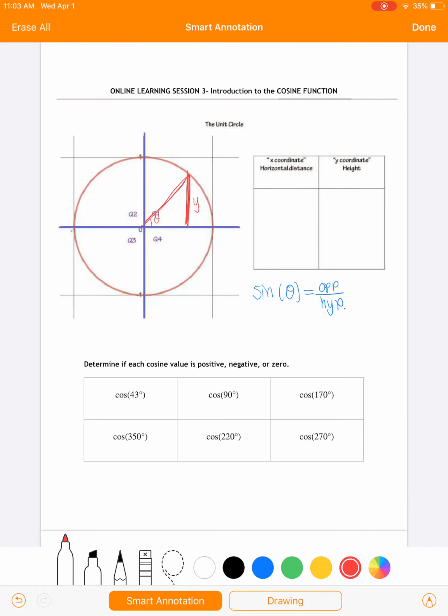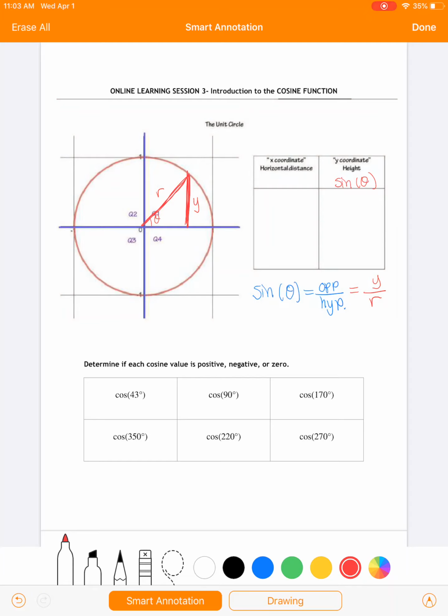And in this case, the hypotenuse would be r, or the radius of the circle. So we could also think of sine theta as y over r. So when we were interested in finding the y coordinate, we used the sine theta function. And that y coordinate helped us find the height of the Ferris wheel.